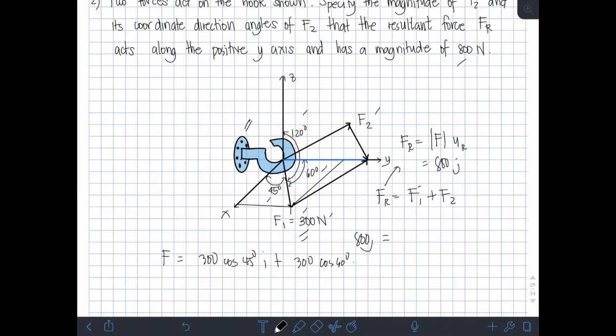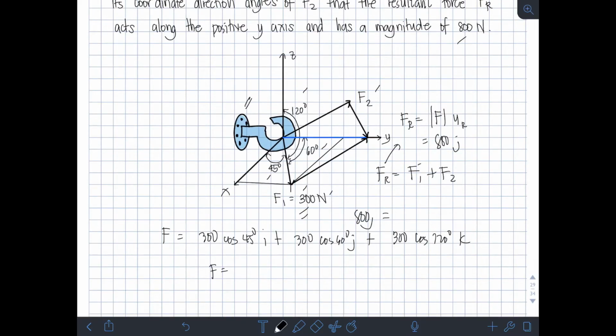Okay, 60 degree, then times j plus magnitude ulit na 300 times cosine theta z. Ano yung theta z? 120 degree. Then, times k. So, using calculator, masasolve natin to as what? Simplify natin yung bawat component. We have 212.1i plus 150j minus 150k. Okay, so ito si F1.